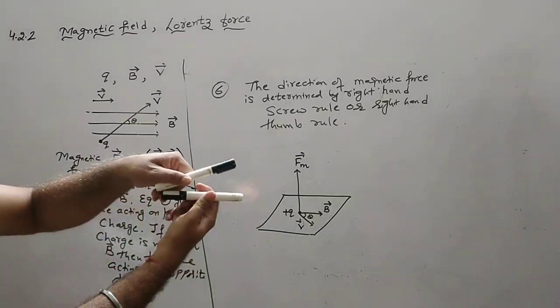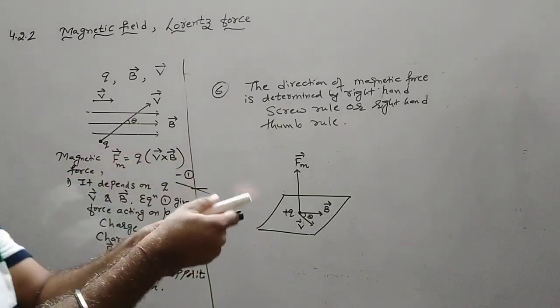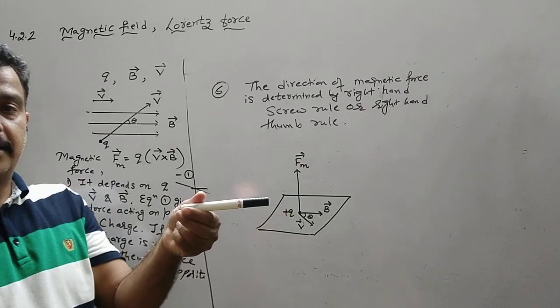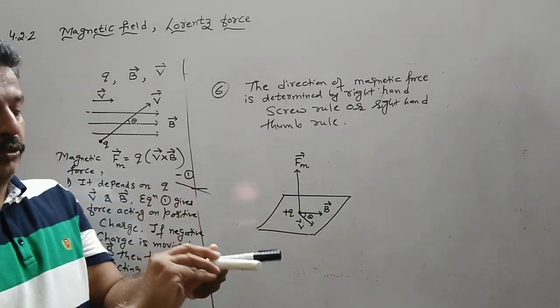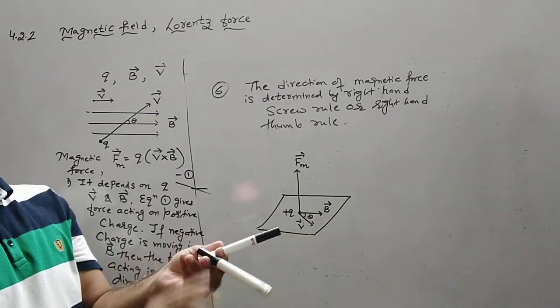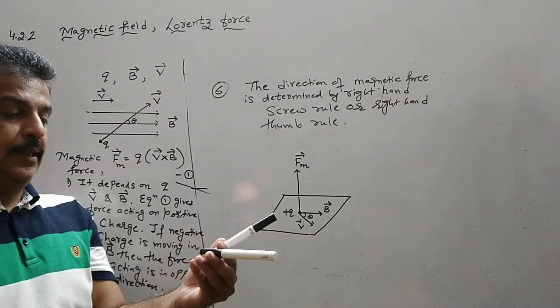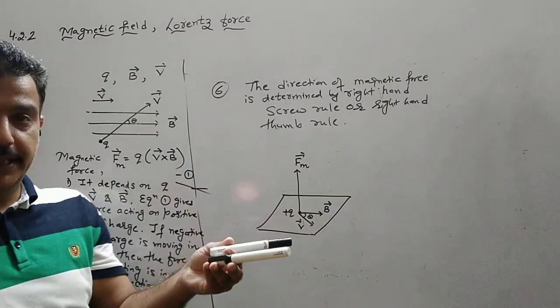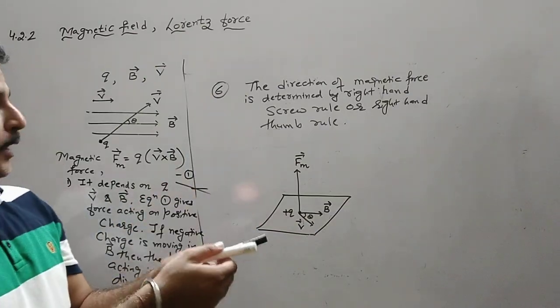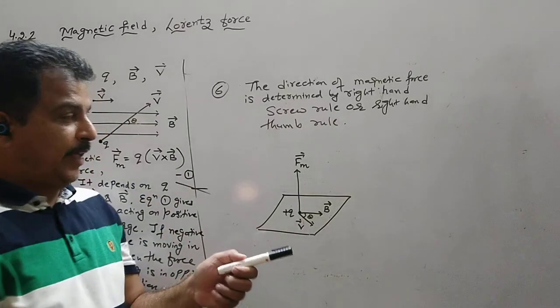Earlier the situation was like this. Now the situation is like this. B is taken along the x-axis and V enters like that. Now in this case, I keep a screw perpendicular to it and I move from V to B. Or instead of this screw rule, I can apply the right hand thumb rule.